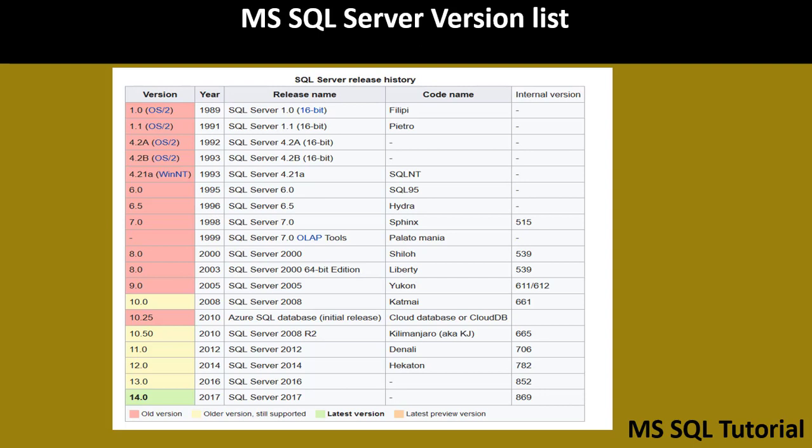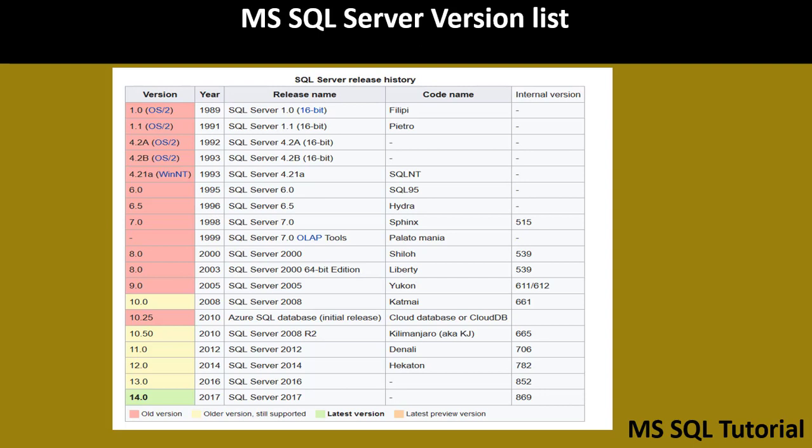The release name is SQL Server 1.0, 16-bit, with the code name Philippi, and no internal version. Then it went on to 1.1, 4.2a, 4.2b, and later, in 1995, it came with version 6.0. That is SQL Server 6.0.